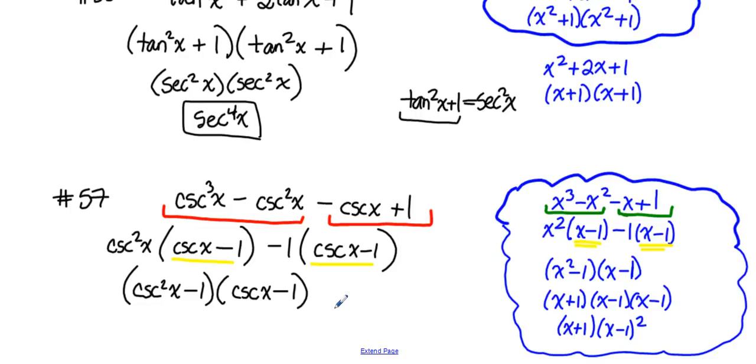Let's see. What are our thoughts? Well, this guy I'm going to leave alone because I don't see a square term. But over here, let me see if I have a Pythagorean identity that we can use. Can you look in your notes and see if you can find a Pythagorean identity that we can use on that first factor?